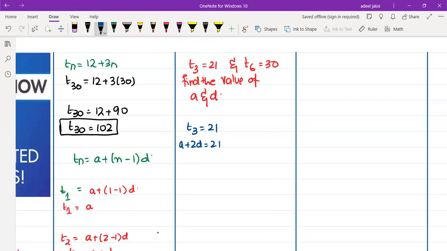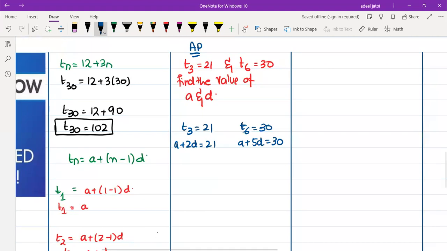For this case, the question will definitely say that it is about AP. Then only will you write A plus 2D is equal to 21. Similarly, term 6 is 30, and term 6 is A plus 5D, which is equal to 30. Now, these are the given terms: A plus 2D is 21, A plus 5D is equal to 30.